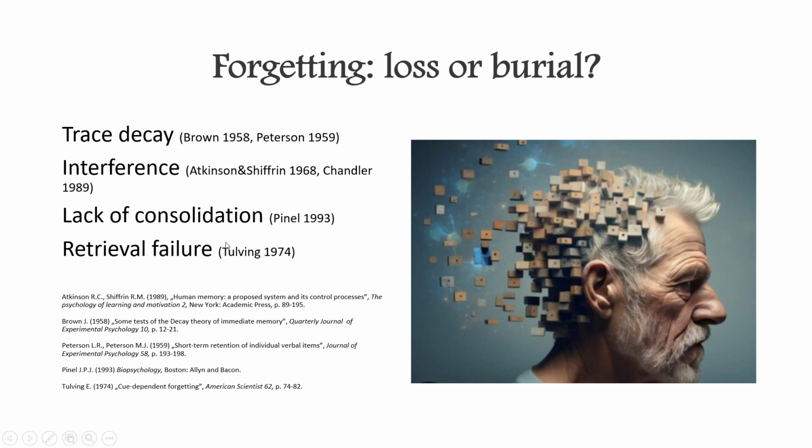Lack of consolidation and retrieval failure. I'm going to focus more on how to strengthen content in long-term memory and how to create conditions favorable for content retrieval back into working memory, as when you are trying to organize your speech or your writing.